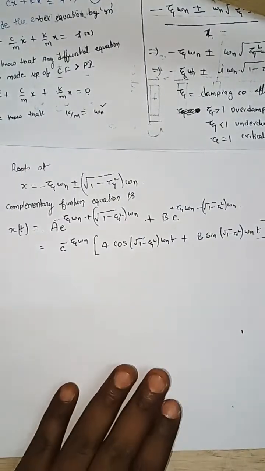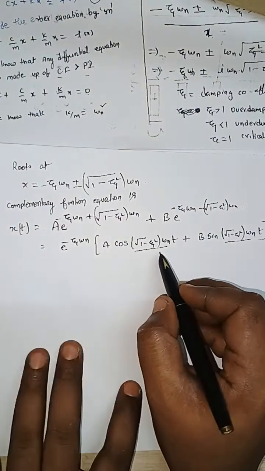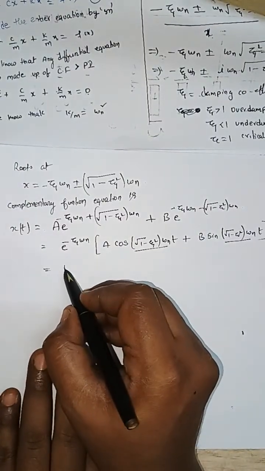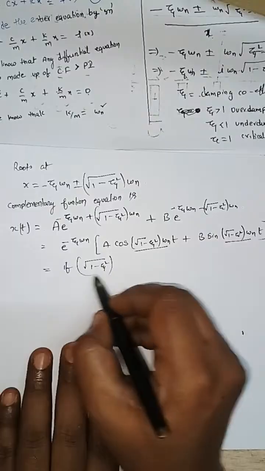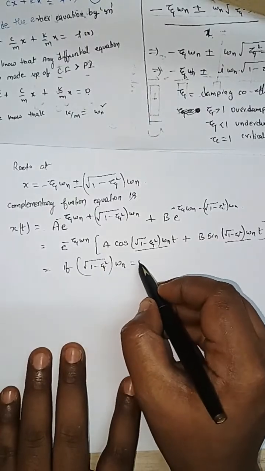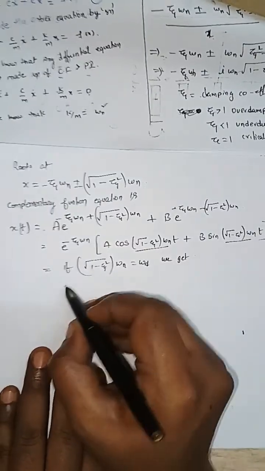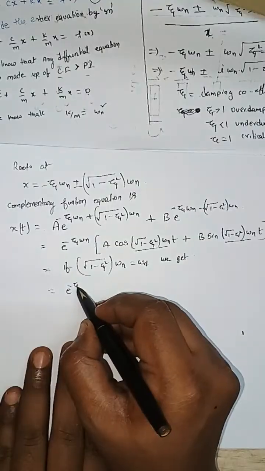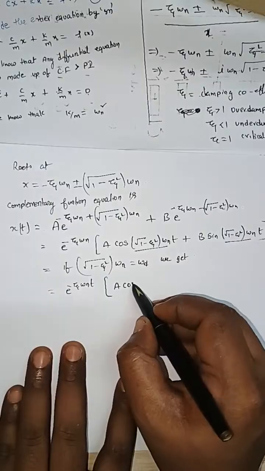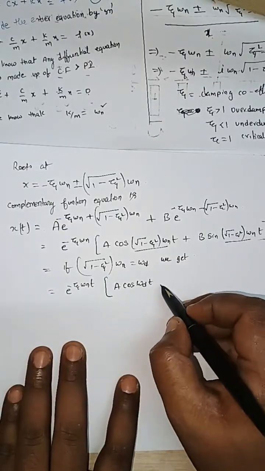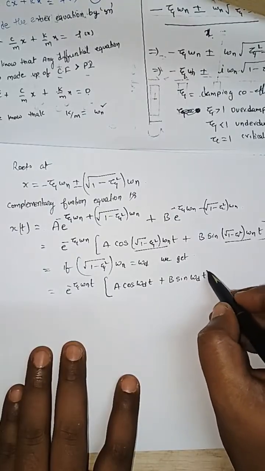Okay, if this square root of 1 minus zeta square omega n is the omega d, we get x of t equal to e power minus zeta omega n t times A cos omega d t plus B sin omega d t.